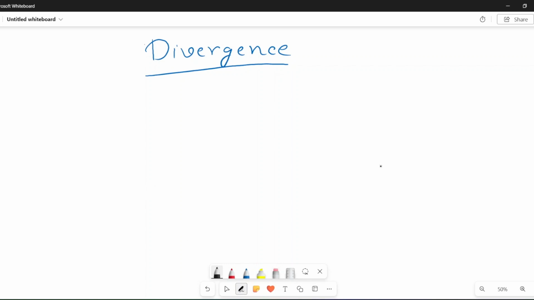Let's have a vector A that looks like Ax i cap plus Ay j cap plus Az k cap.